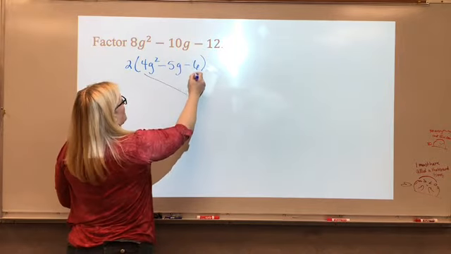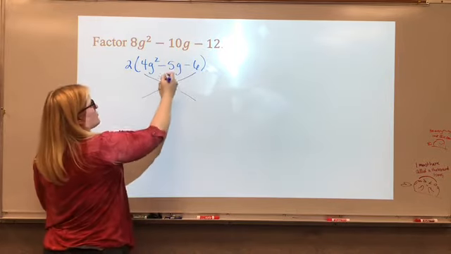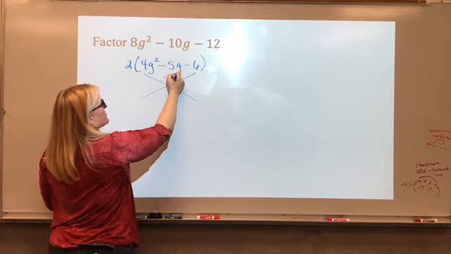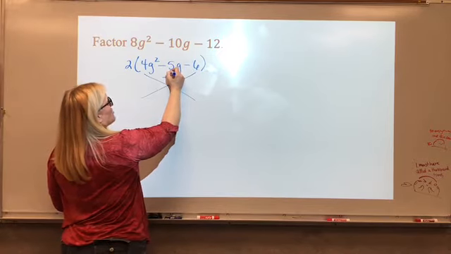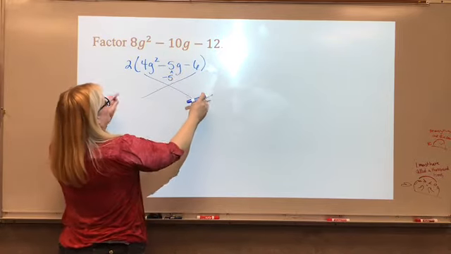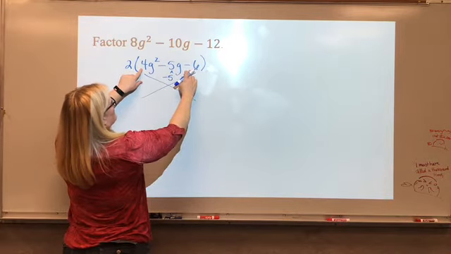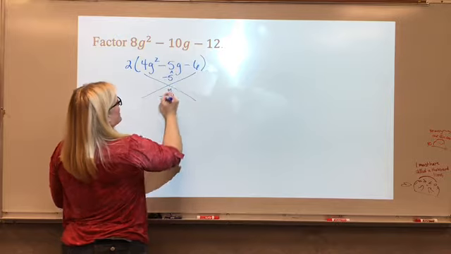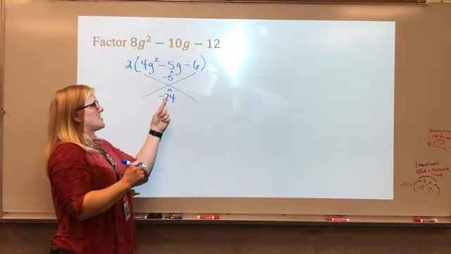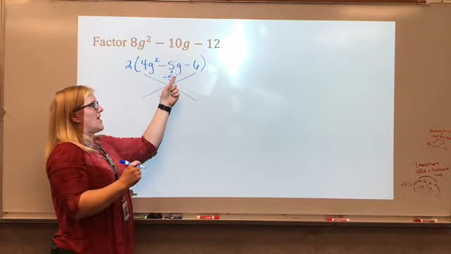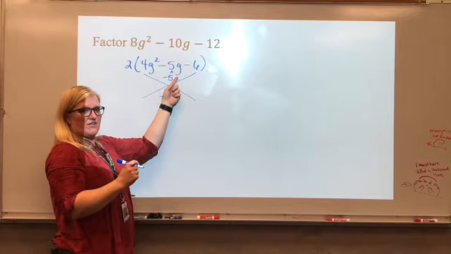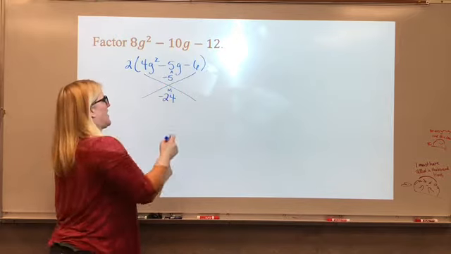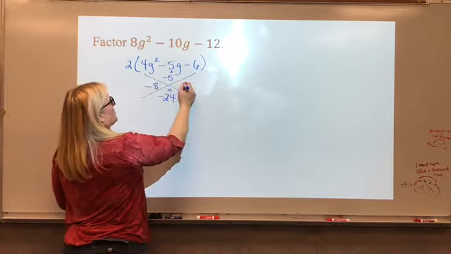So I make myself a little x. I drop down the negative 5. This is the part that I'm going to add. 4 times negative 6 is negative 24. This is the part I multiply. So what multiplies to give me negative 24 and adds to give me negative 5? Well, it's negative 8 and 3.